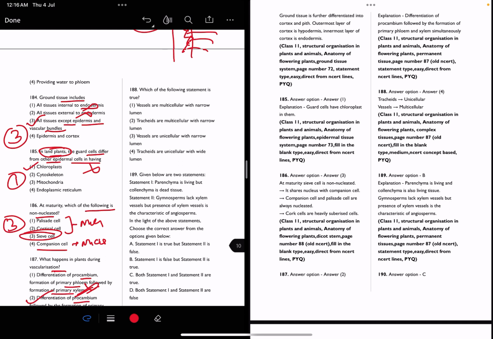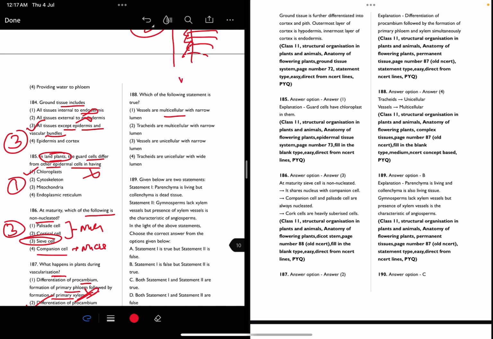188. Which of the following statements is true? You should read all the statements and mark the one which is true. Here I am talking about vessels and tracheids, which are xylem structures. Vessels are multicellular, whereas tracheids are unicellular.